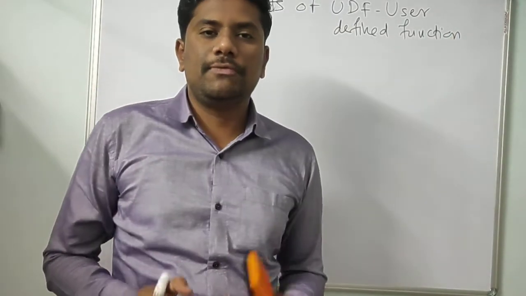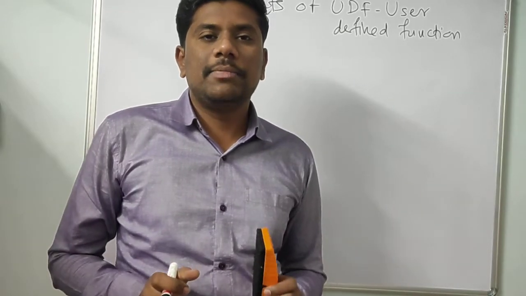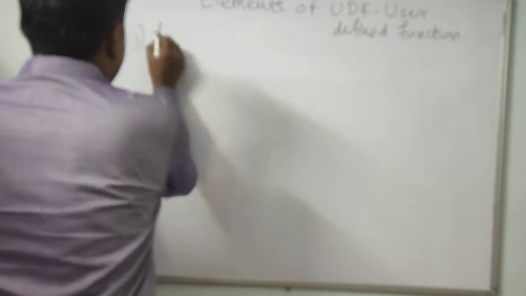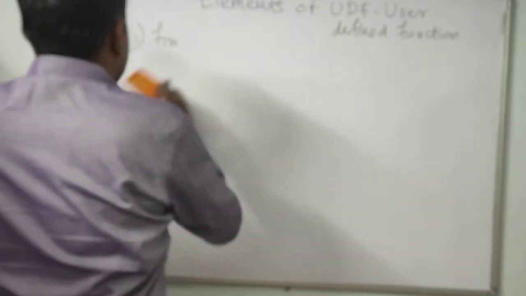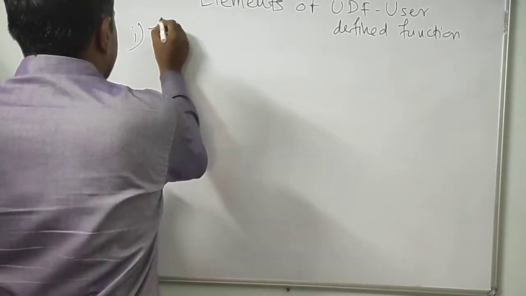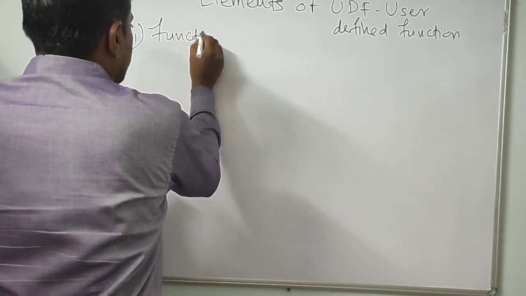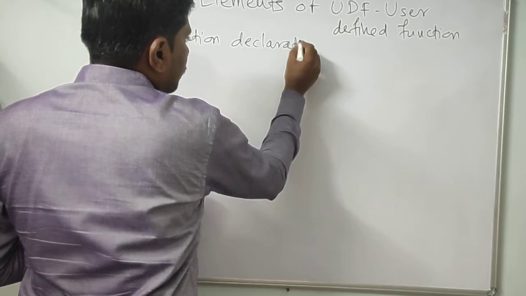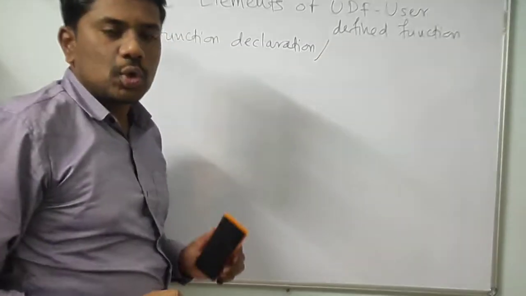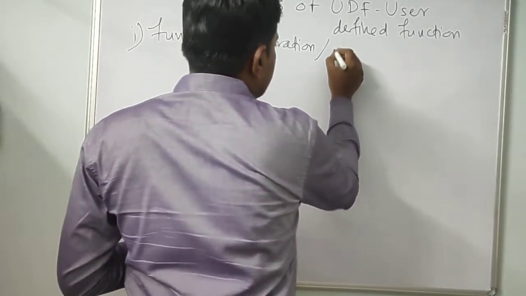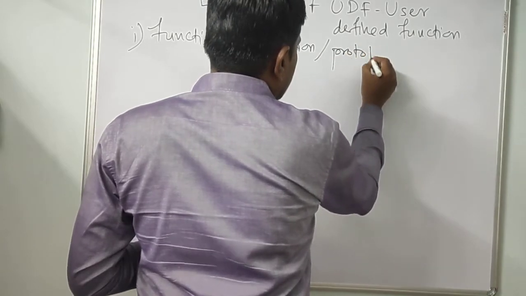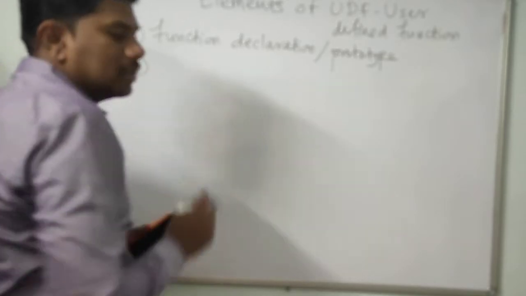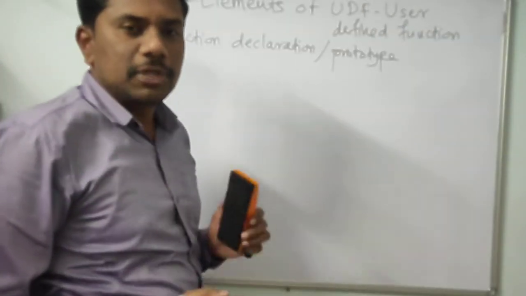Elements of user-defined function. So there are three elements of user-defined function. First one is function declaration. It is also called as function prototype. Second element is function call.